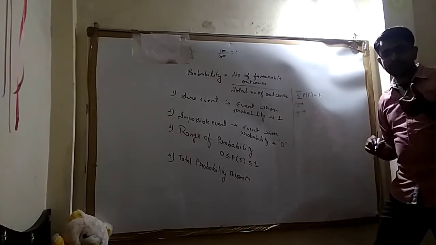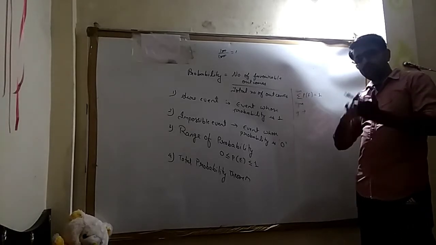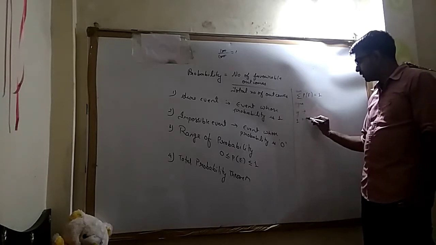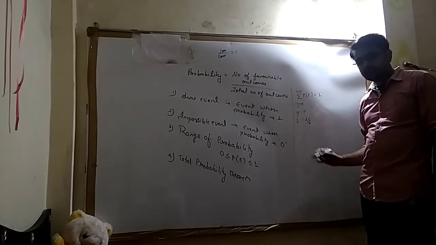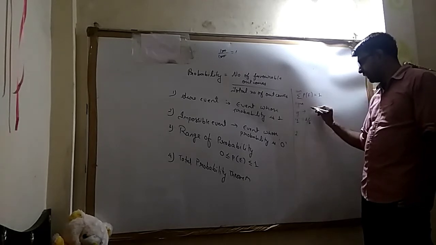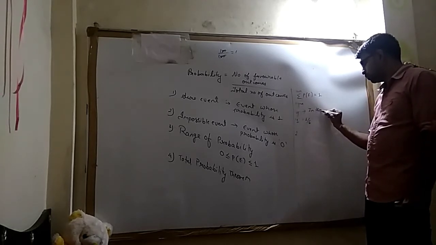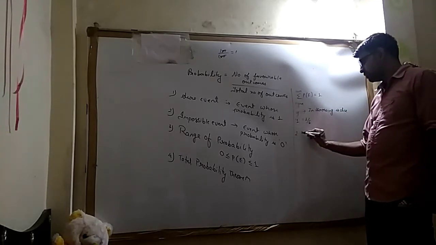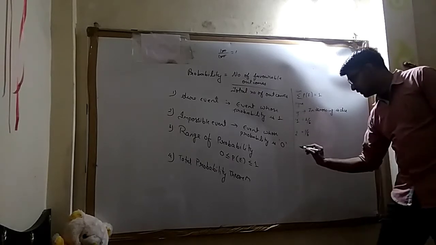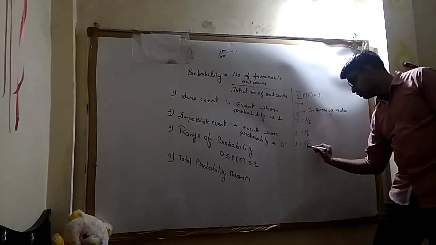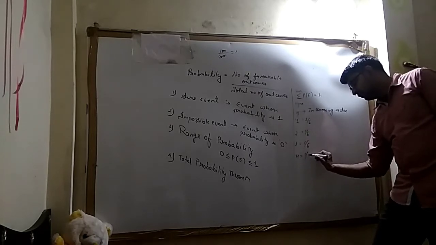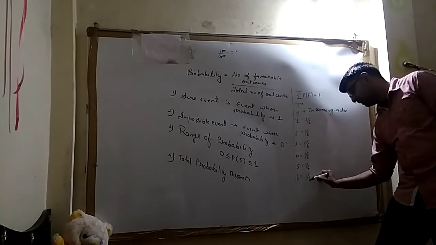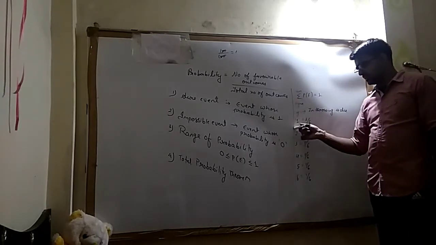Suppose I throw a dice. Okay, and after throwing the dice I find that the probability of getting 1 is 1 by 6, probability of getting 2 is also 1 by 6, similarly of 3 is also 1 by 6, 4 is 1 by 6, 5 is 1 by 6 and 6 is also 1 by 6. Okay, so there are 6 cases.